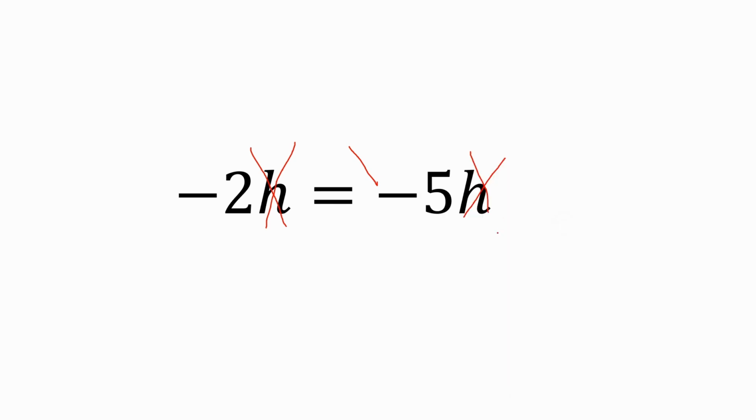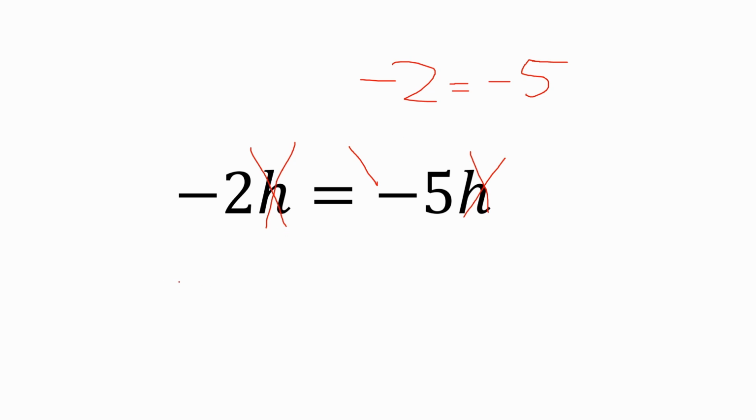That would just leave us with minus 2 equals minus 5. Well, that doesn't make sense. That can never be. That's not possible. So what value of h would satisfy both sides of the equation?